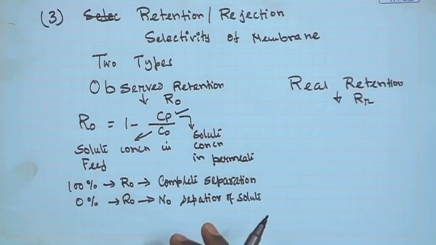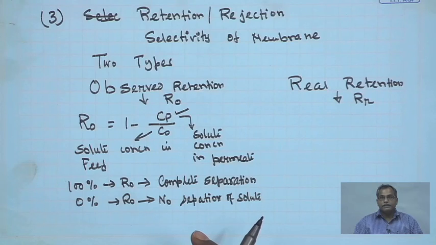One can take a sample of the filtrate or permeate stream and measure its concentration through analytical instruments like refractive index, ultraviolet (UV) spectrophotometer, or atomic absorption spectrophotometer. There are many analytical instruments available for measuring concentration.